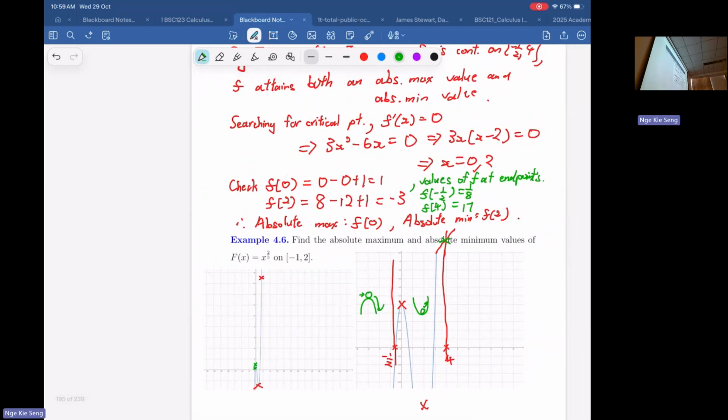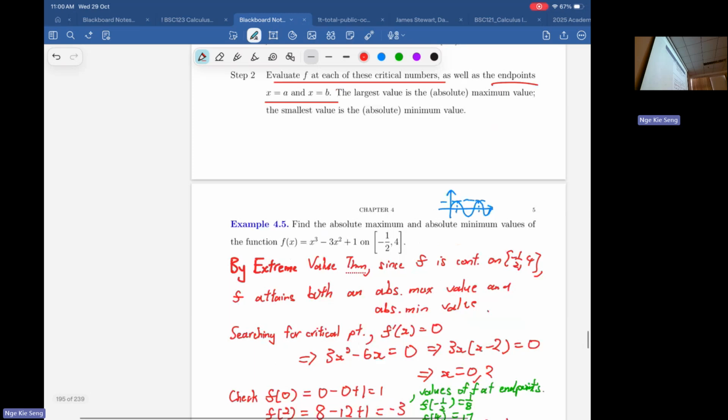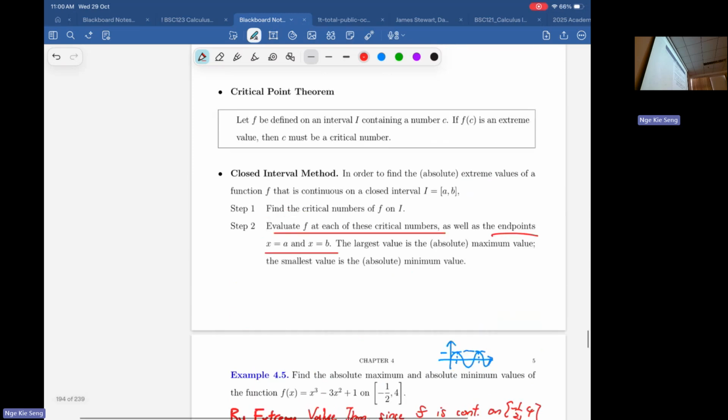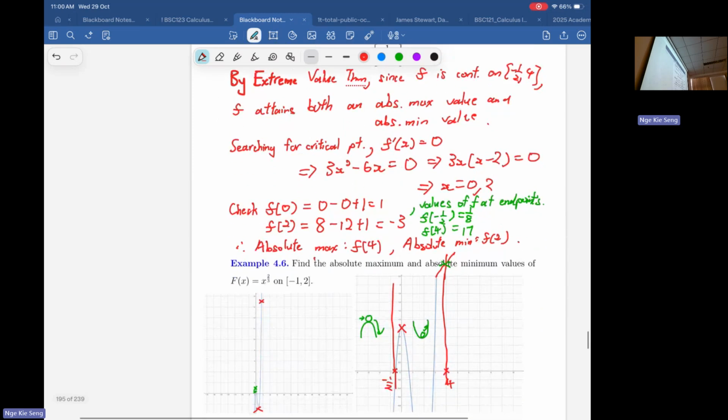In the exam, they only write the endpoints as the absolute maximum, not the other points. Oh, it depends. They are asking for the point or the value. If they are asking for the value, then it's just the values. Did we define absolute maximum points?